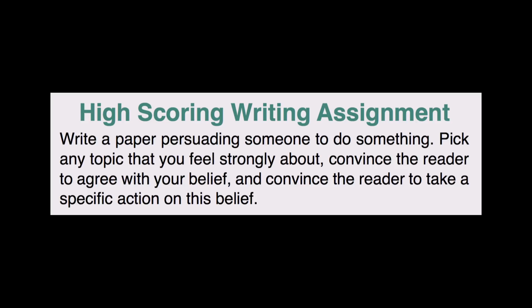Pick any topic that you feel strongly about, convince the reader to agree with your belief, and convince the reader to take a specific action on this belief. They couldn't be any more different. So, what happened to the learning outcomes of children with high quality and low quality assignments? Well, look at this.